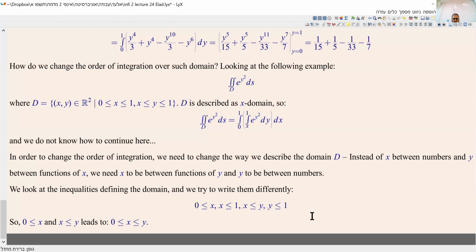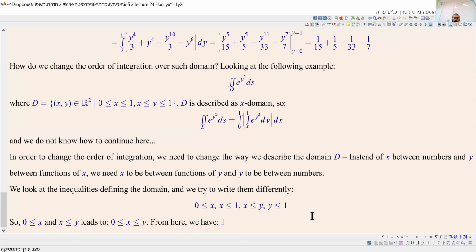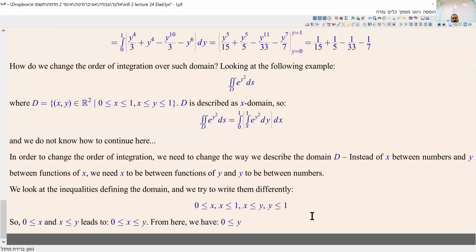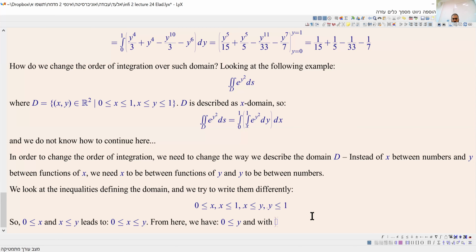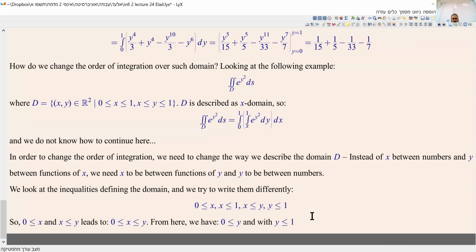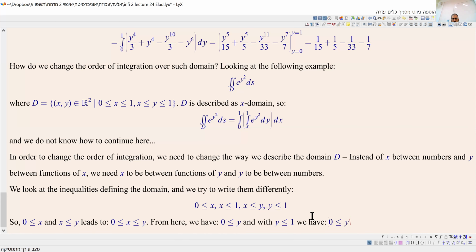From here, we have y is greater than 0, and with y is smaller than 1, we have y is between 0 and 1.